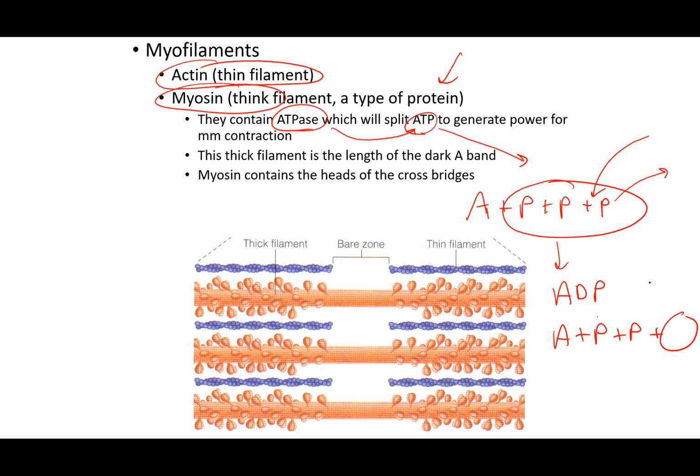Now, the different parts of the actin and myosin, here's the myosin.